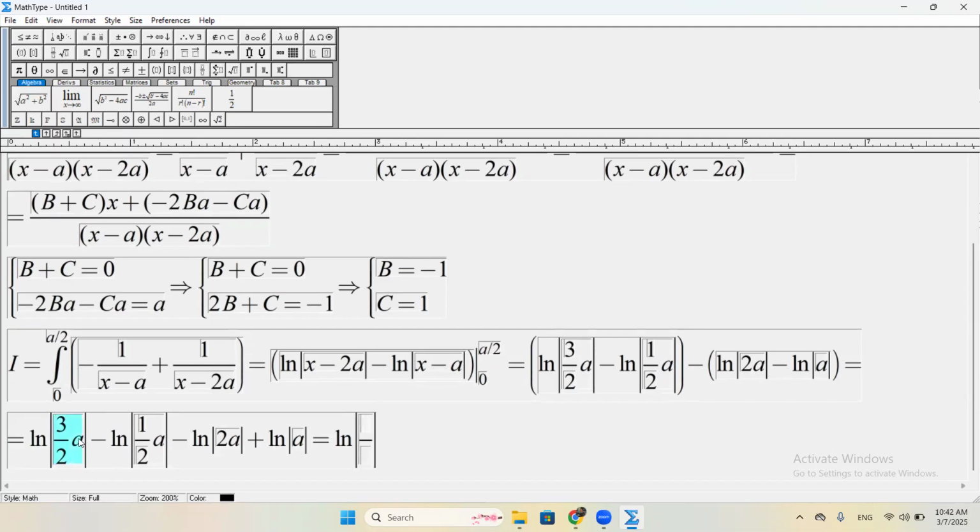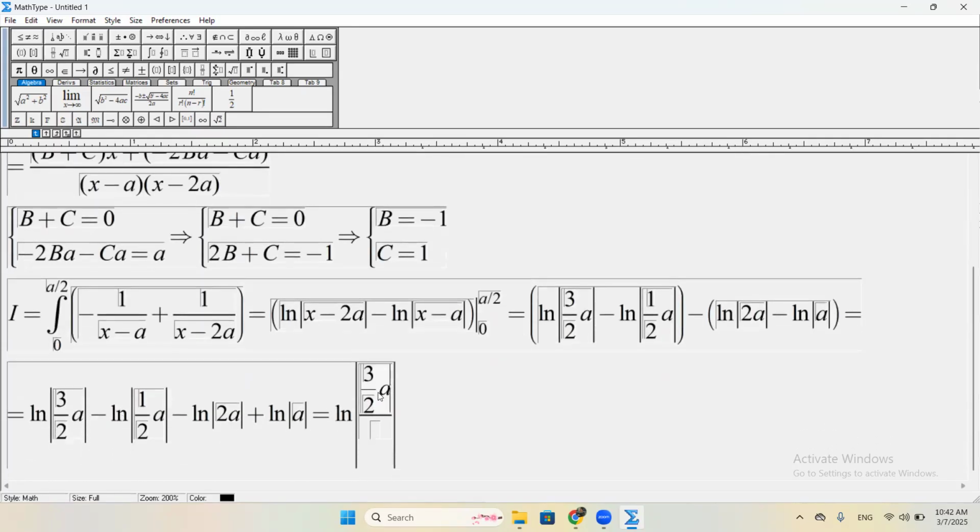So 3 over 2a, 3 over 2a square, because multiplying this expression and dividing by 1 over 2 by 2, so a square.